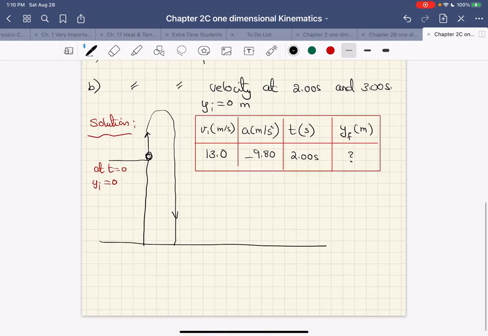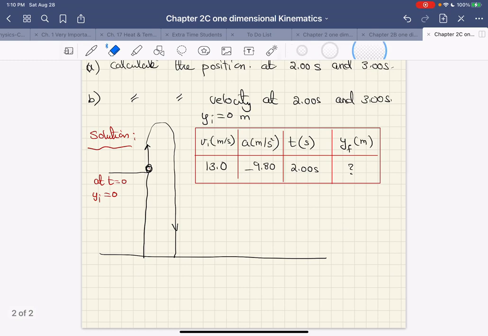Now, looking at the equations that I have, the equation that is going to work best here is y final equals y initial plus V initial T plus 1/2 AT squared.